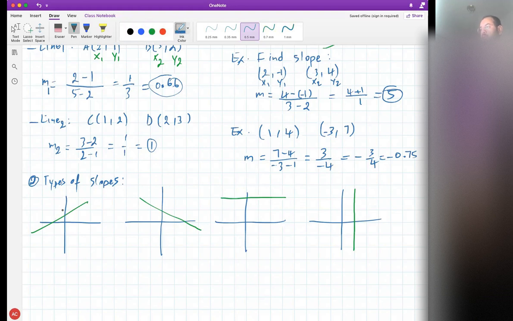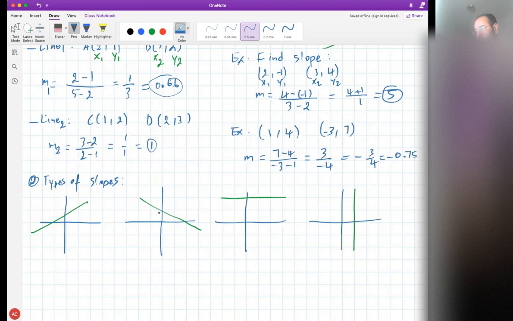The first one here, the line goes up from left to right. So we can tell just by looking that the slope is a positive number. Whatever it is, it's positive. This one, since it falls from left to right, we can tell it's negative.